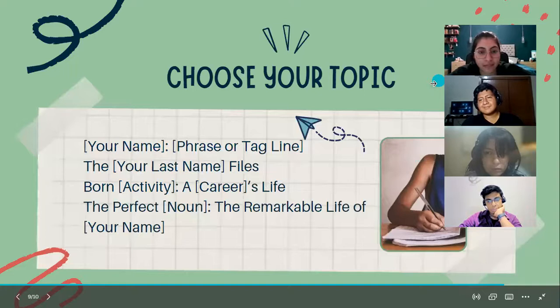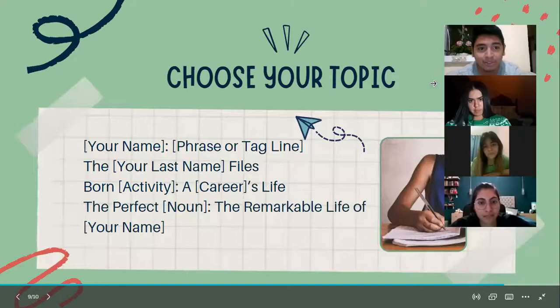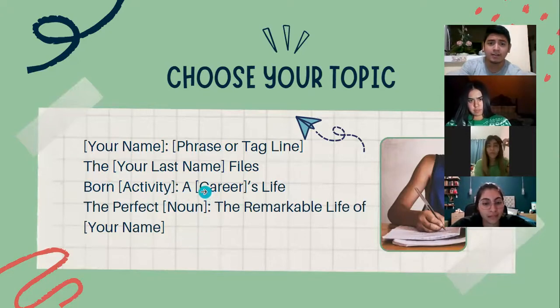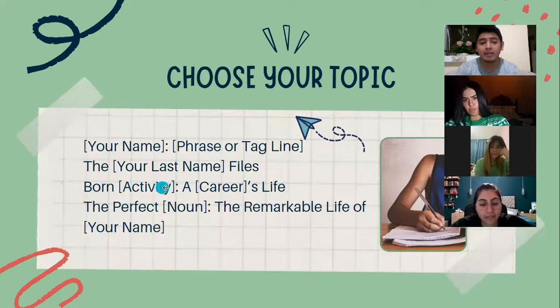And for homework, you're going to choose your topic. Here are a few suggestions, okay? For example, you can see here boring and, in between parentheses, activity and careers life. For example, it could be the boring life of a player and a teacher's life, something like that, right? So you have a few ideas.